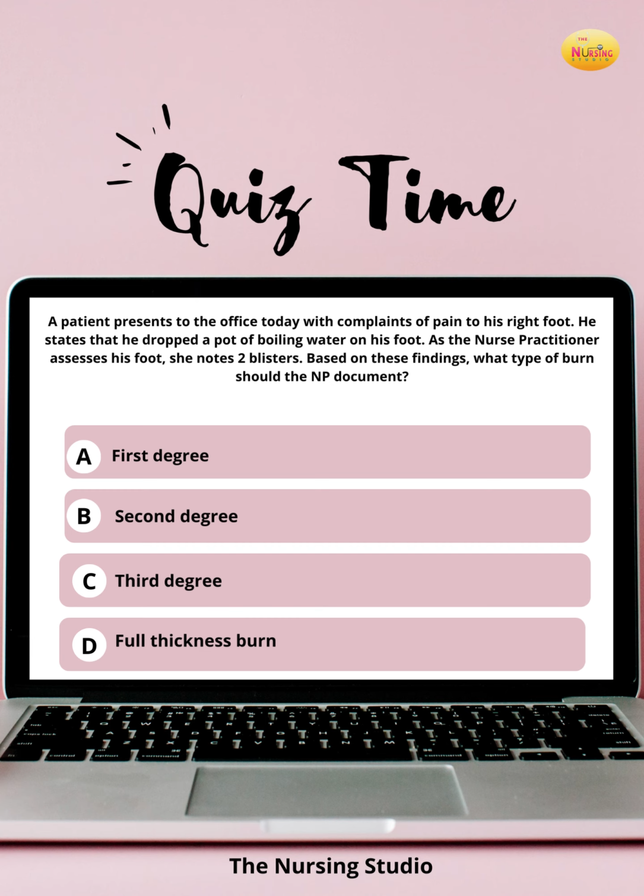Blisters, redness, pain, and also bulla is the medical term for that fluid filled blister. So if you see bulla, that's common for second degree burns. And then third degree, that's where they had that full thickness. So C and D would have been the same thing.